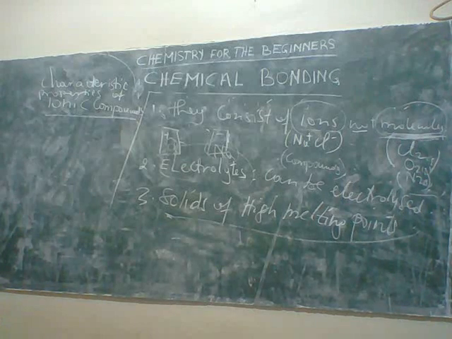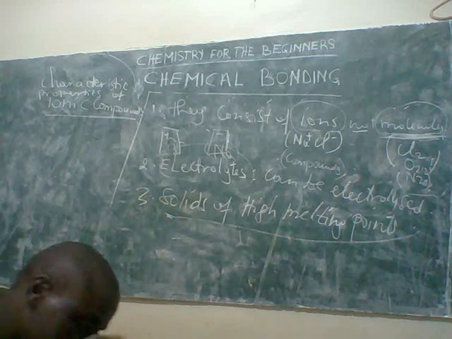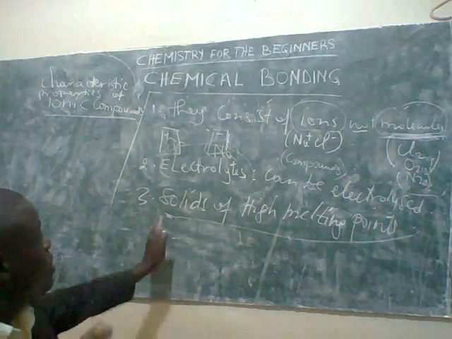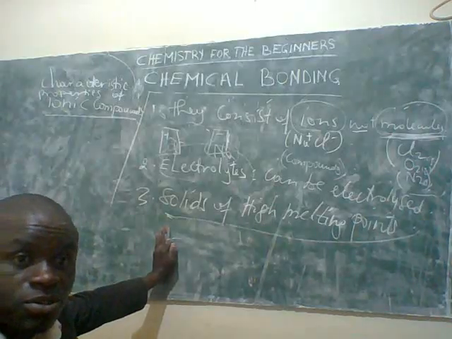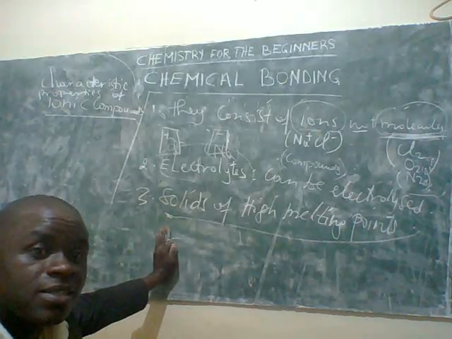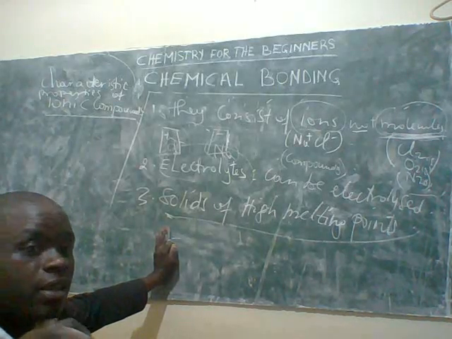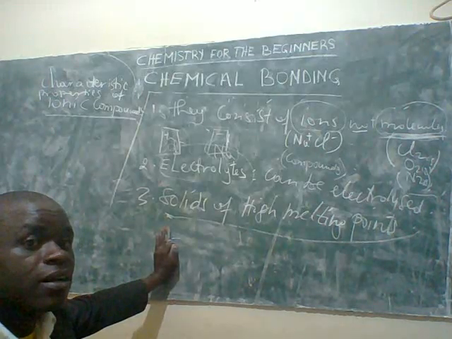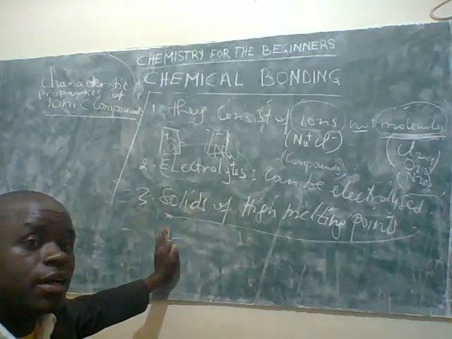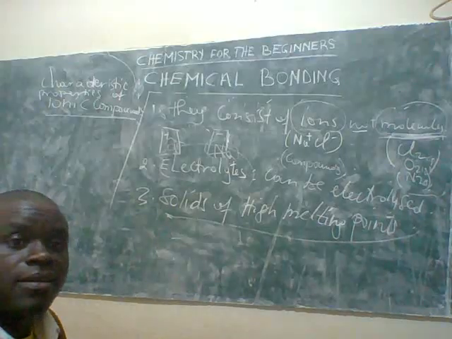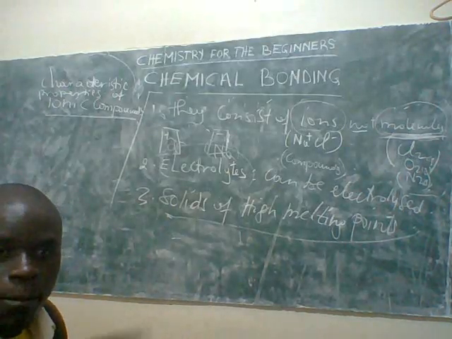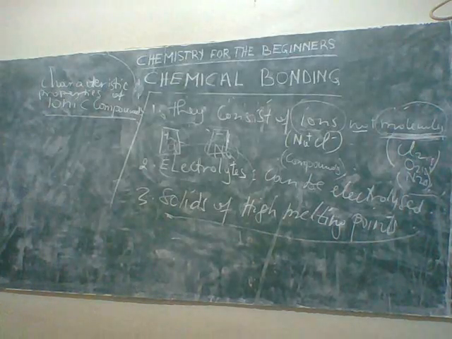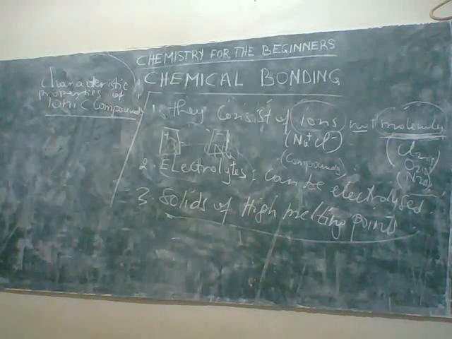Then we can say sodium reacting with all halogens, like sodium bromide and so on. They are always strong. They look like salt as you see salt, and they also have high melting points. So that is an example.